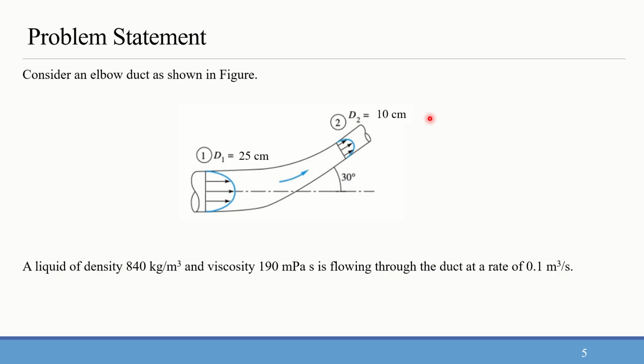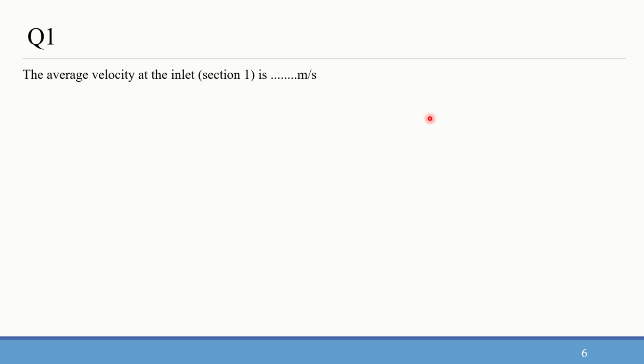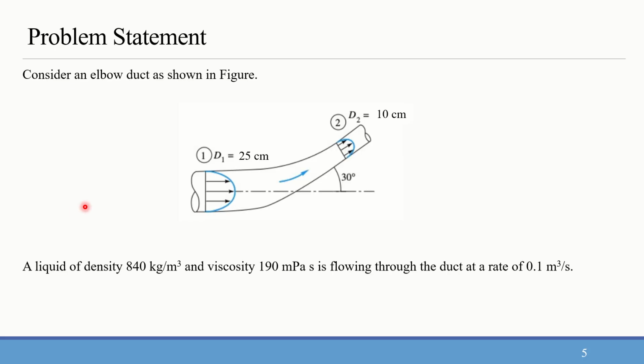So we'll start now. The first is the average velocity at the inlet section 1. We know that this is the inlet and this is the outlet, so section 1 is the inlet and section 2 is the outlet. The average velocity at the inlet section 1 is dash meter per second.